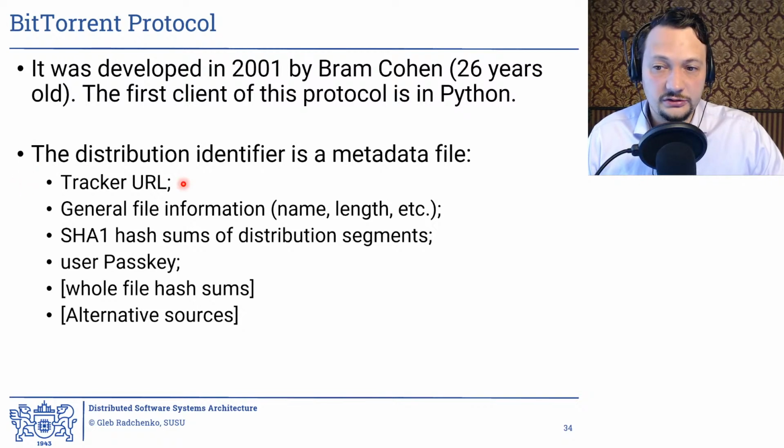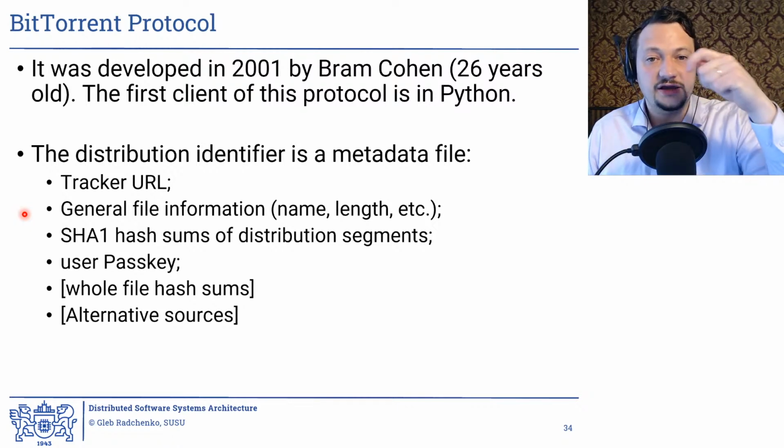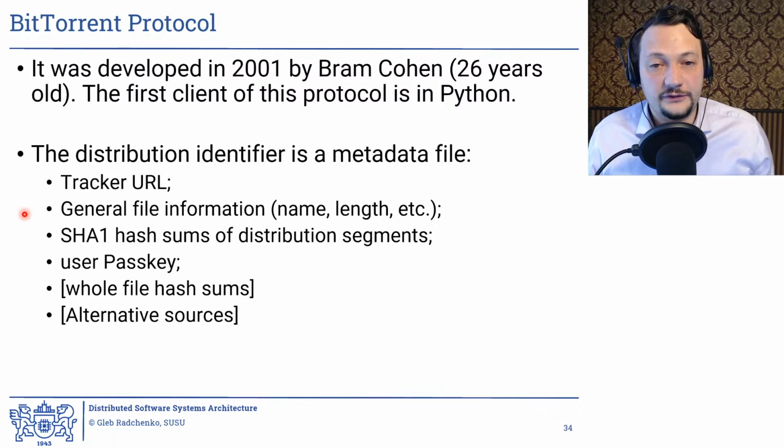After you get the tracker URL, you connect to this URL, you send the tracker information, what files you would like to obtain from other peers. And the tracker gives you the URL, the identifiers of the users, of the peers that have this file.